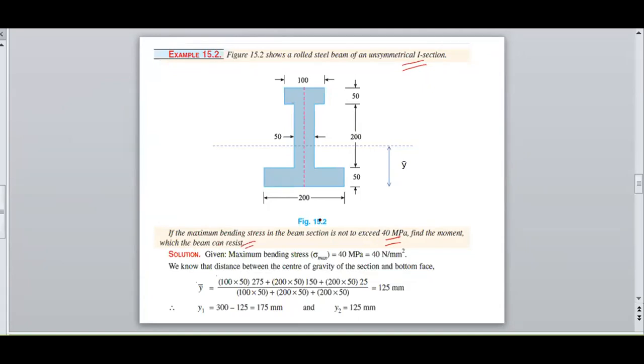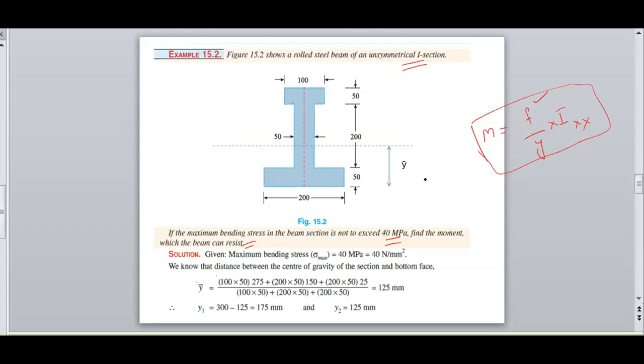I need the M value. So M is equal to sigma by y into Ixx. Sigma is a given value, and if the cross section is given, I can find the y's.